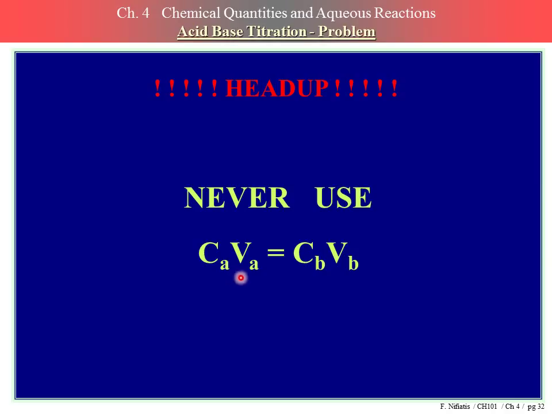When you say C1V1 equals C2V2, basically you want to say the concentration of the acid times the volume of the acid equals the concentration of the base times the volume of the base. The equation C1V1 equals C2V2 is the dilution equation and it should be used only for dilution and nothing else.